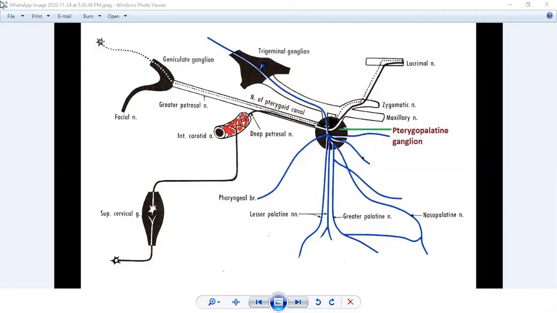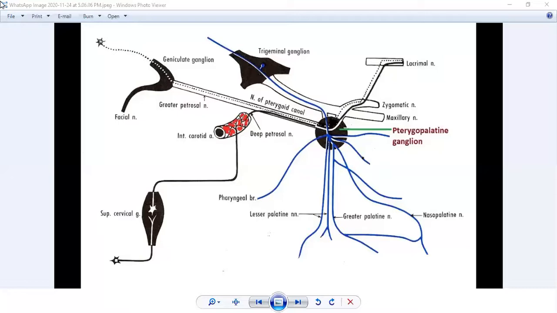What structure is there? The lacrimal gland. And from that same pterygopalatine ganglion, a branch of the greater petrosal nerve will go to the nasal mucosa, right?